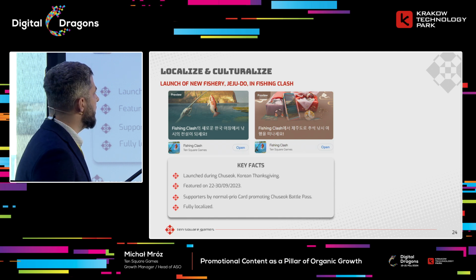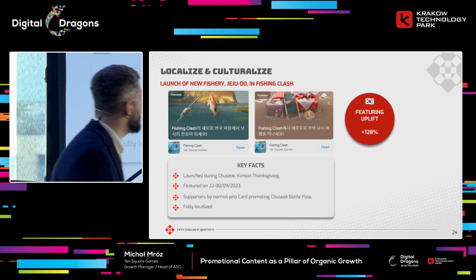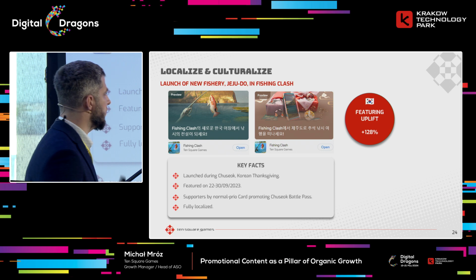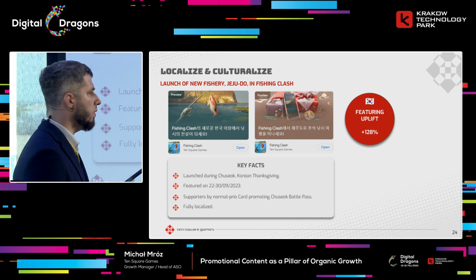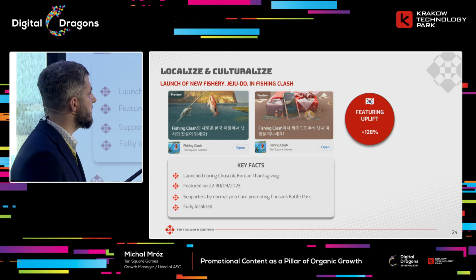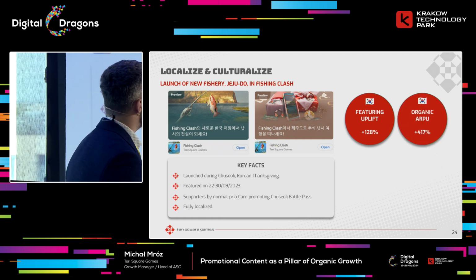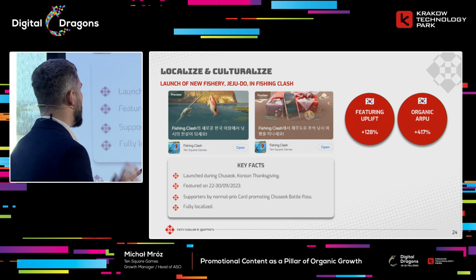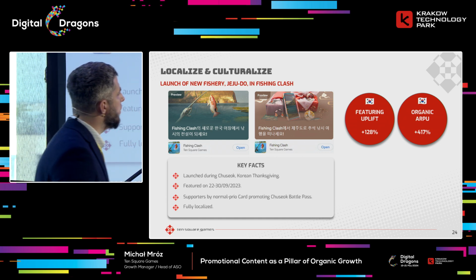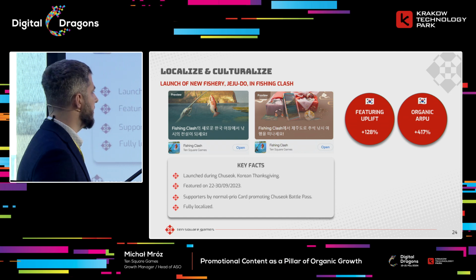And what are the results? So, for example, our featuring uplift, this one from the Explorer, was plus 128. As you remember, our average was around 100%. So it was the best moment of the year when it comes to Korea and featuring uplift. But monetization also went really nice. For example, organic IRPU from these new cohorts coming from this week was plus over 400%.